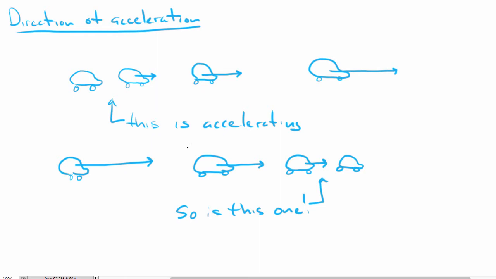Now, why is it important to point out a difference? The reason is that if I kept going with this car, I kept drawing a picture. Actually, this is kind of weird because I'm going to make it turn around. So now we keep going with the car, and it's still accelerating at the same rate, but now it's going to go back the other way, like so.